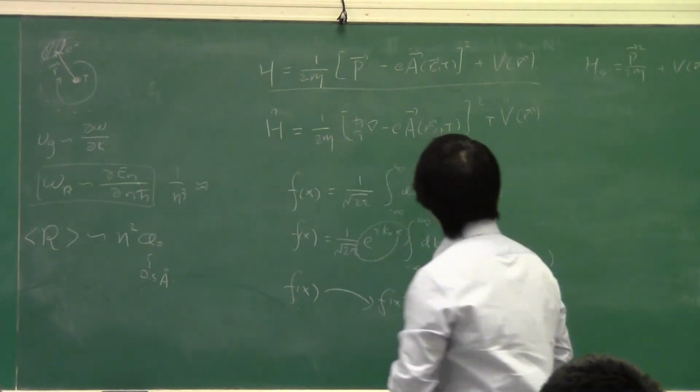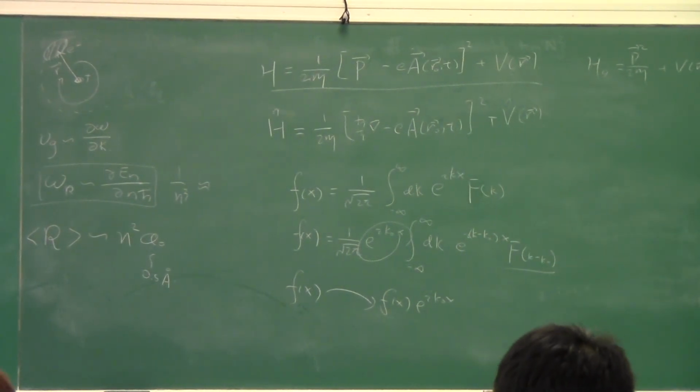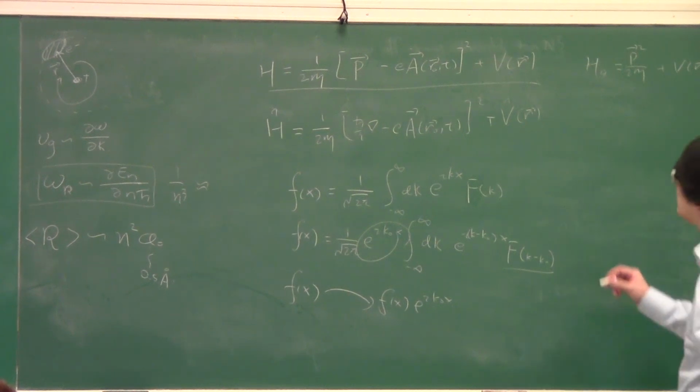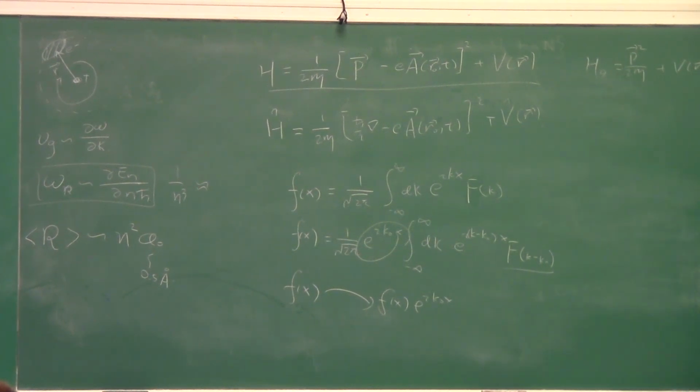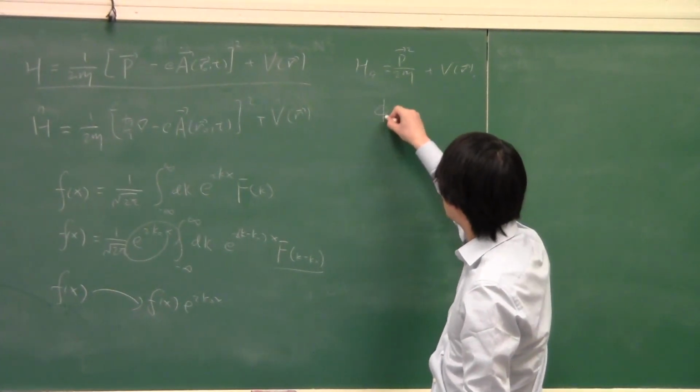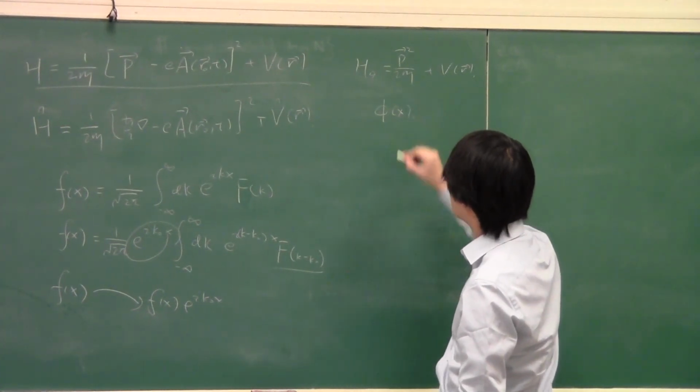So this motivates us to think that if I had some function that was the solution of this Hamiltonian in quantum mechanics, which I will call phi of x.